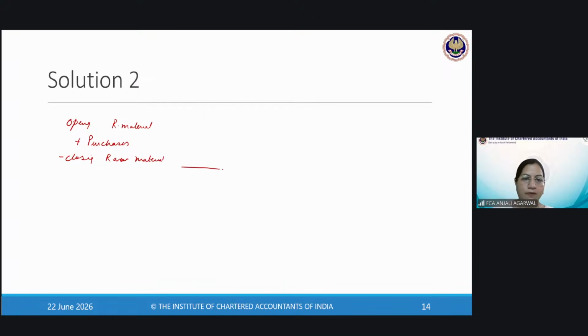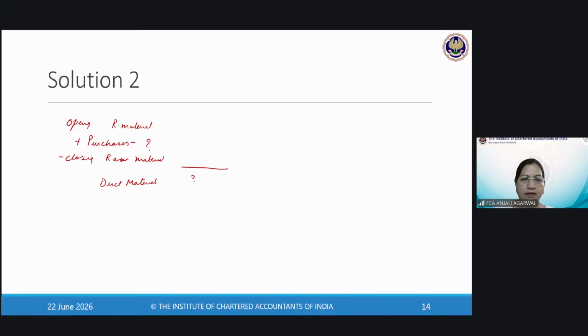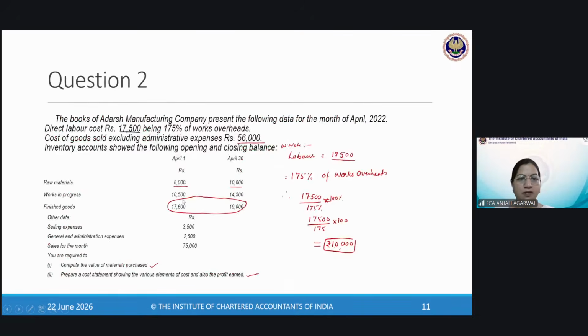This is your material consumed or direct material. Now you have to find out the missing figure. Everything else you have. Material is 33,900, closing stock of raw material is 10,600, and opening is 8,000.